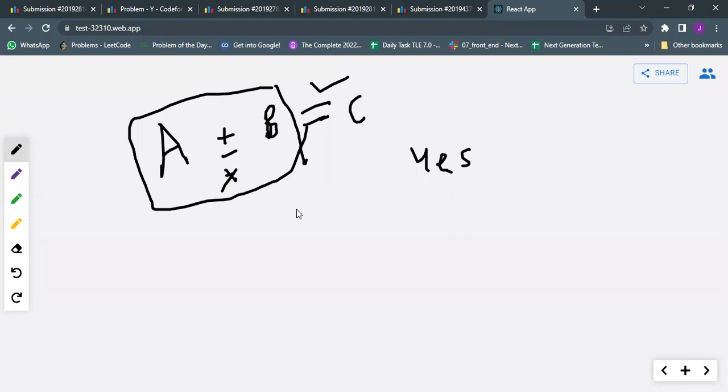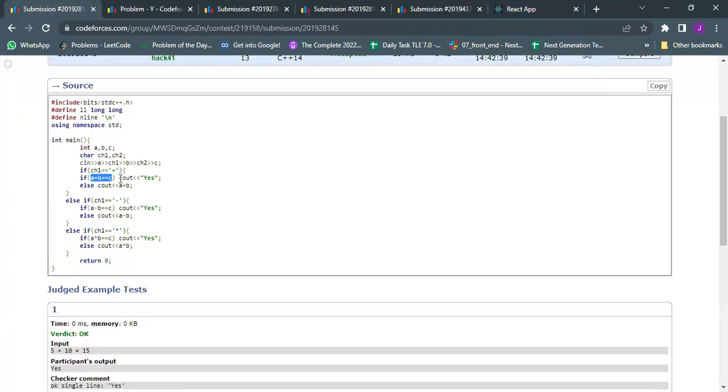The correct value. So now you will first check for plus. If this character is plus, then you will check whether A plus B equals C or not, like if this expression is correct or not. Am I audible?